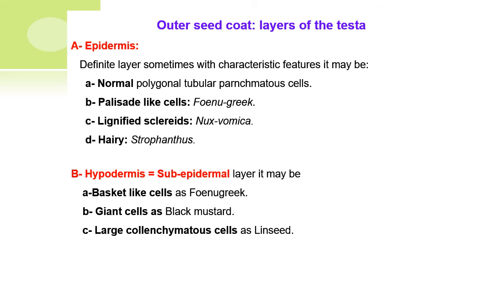Sometimes it may be formed of lignified sclereids as in Nux vomica, and sometimes bearing hair as in Strophanthus. Below the epidermis there is the hypodermis or subepidermal layer, which may be formed of basket-like cells as in fenugreek, or large or giant cells as in black mustard, or large collenchyma cells as in linseed.